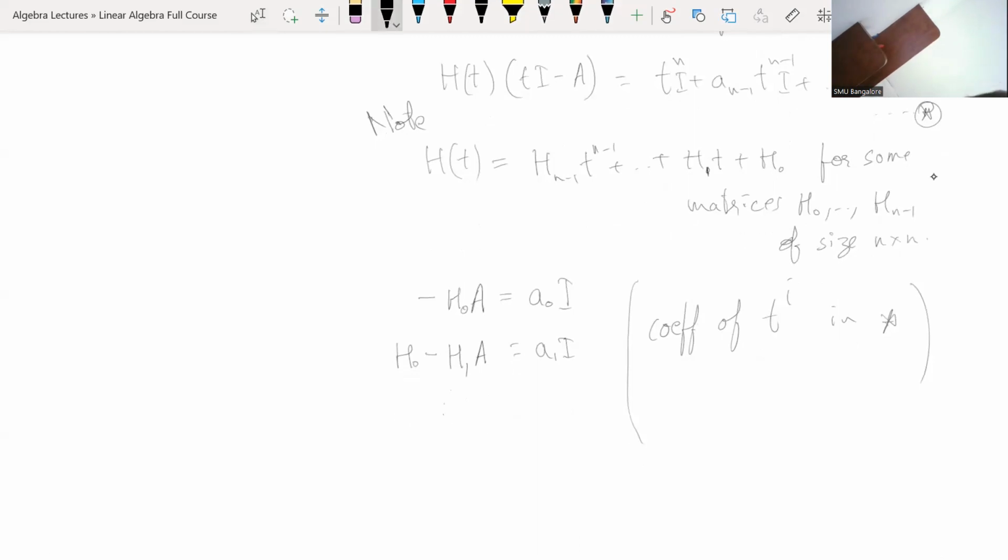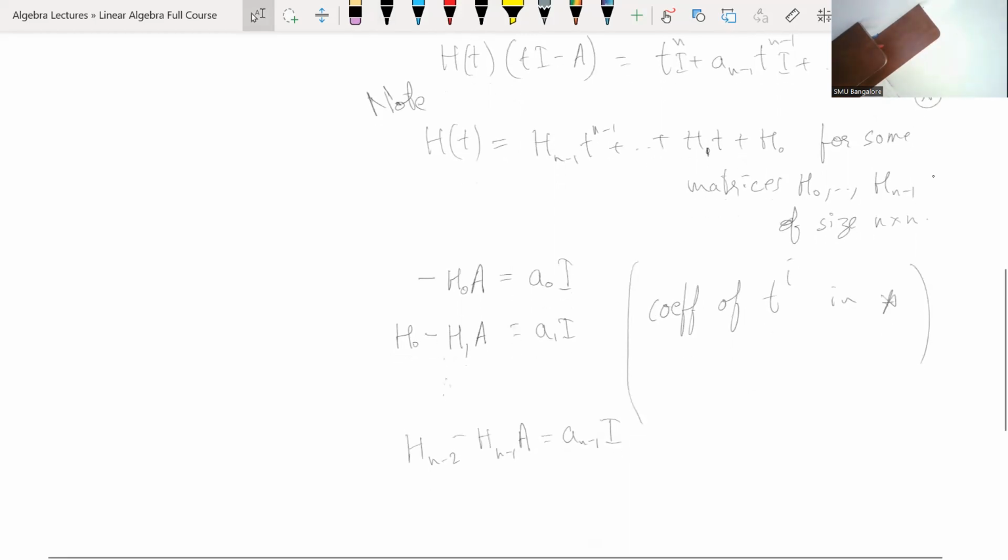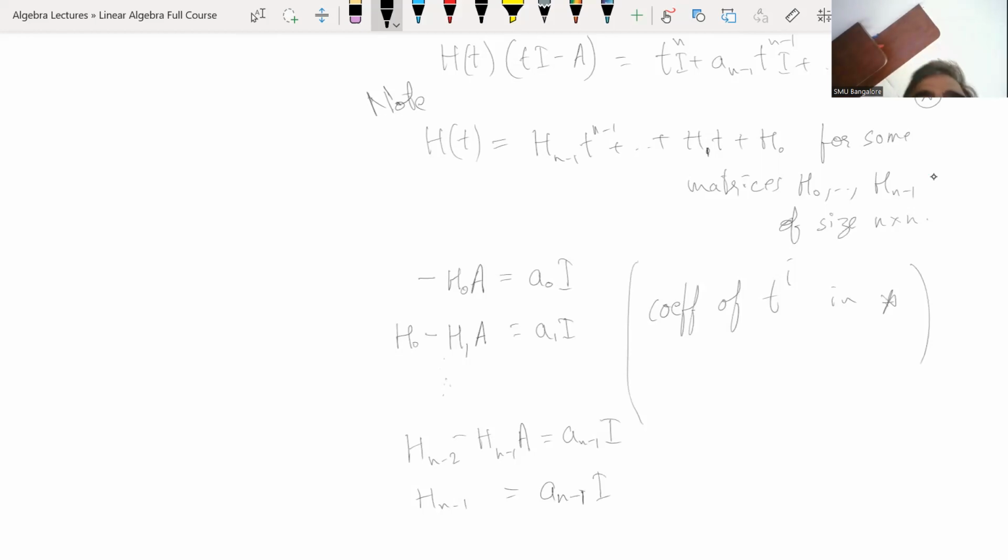So if you keep on doing it, then you'll get h n minus 2 minus h n minus 1 a, which is the coefficient of t power n minus 1, equal to a n minus 1 I. And then for t power n, there is only h n minus 1 times I. So these are the identities we get.